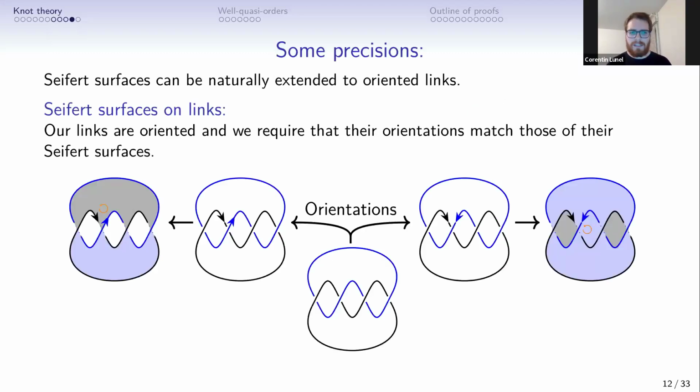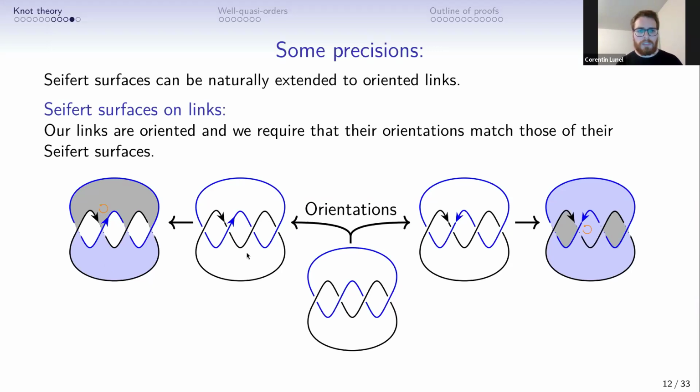Another technicality that will be swept under the rug during the remaining of the talk is that when you consider Seifert surfaces with link, you want the link to be oriented. So you orient the link, and you want the orientation of the Seifert surface to match the one on the boundary, so that it's consistent.